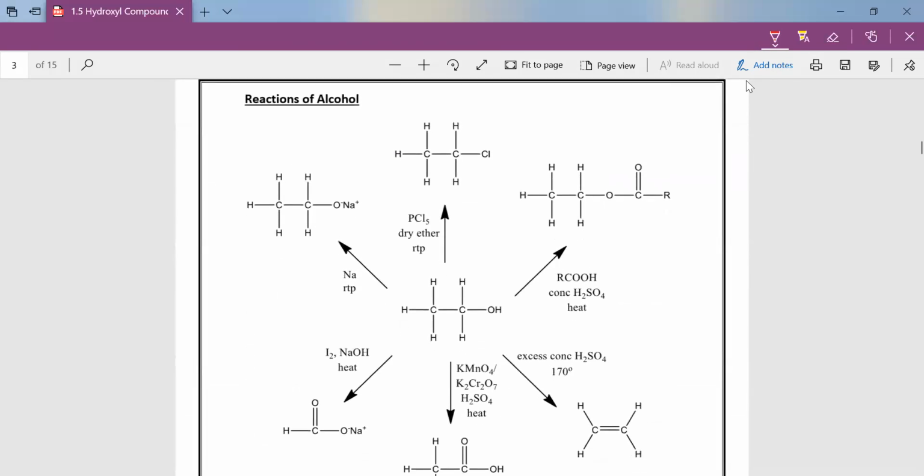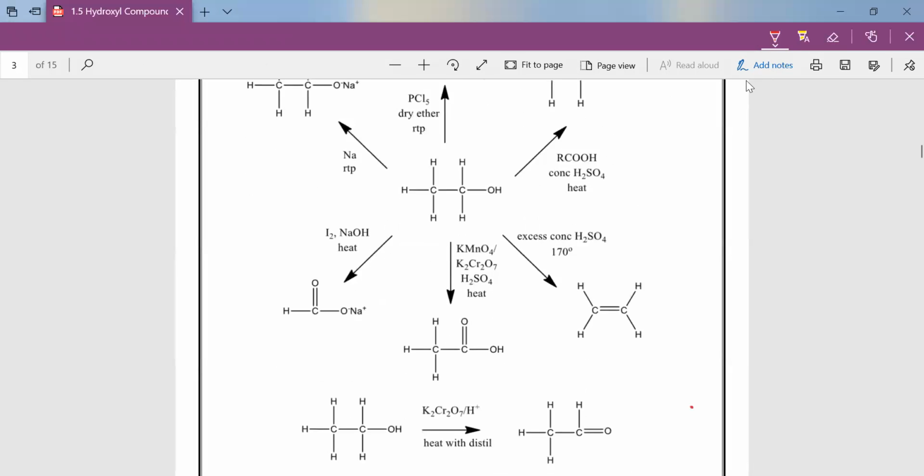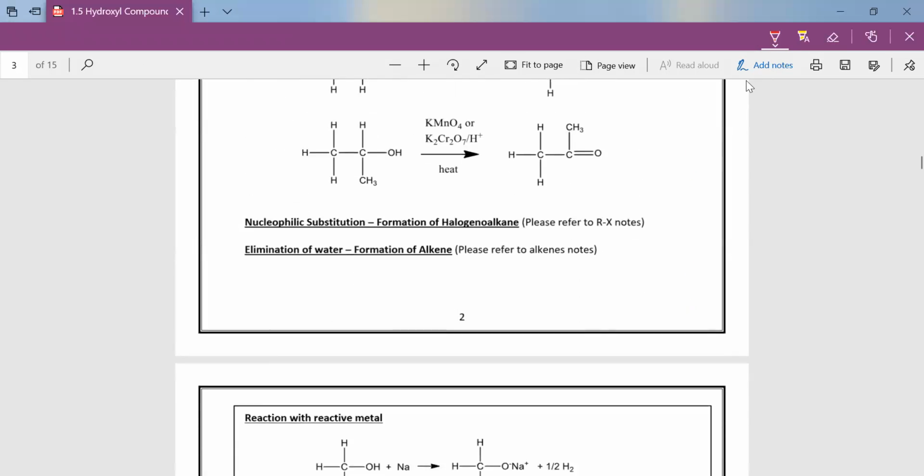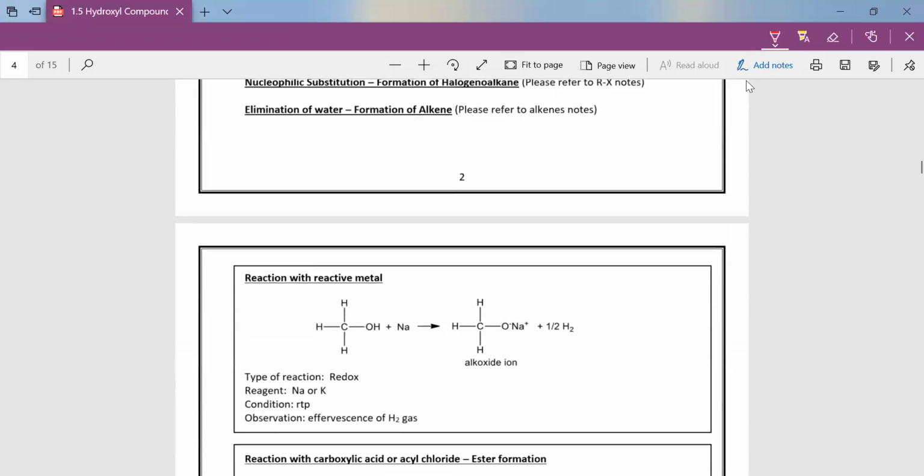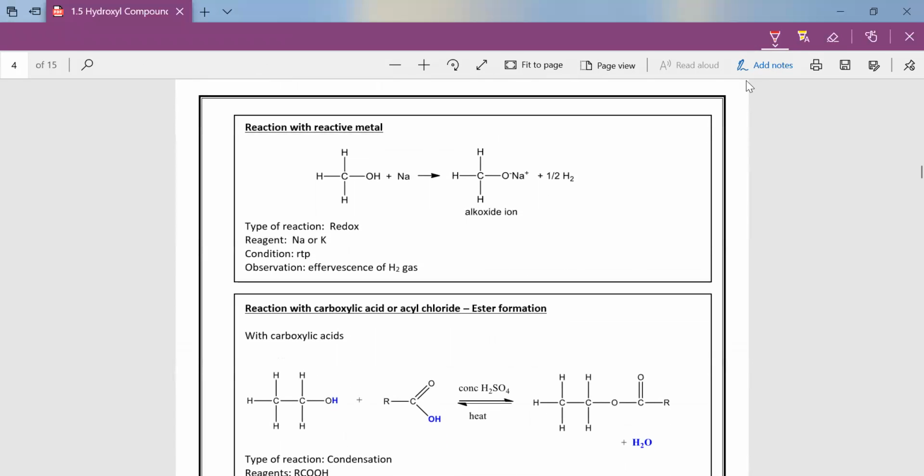Here we have all our reactions, and we will be looking at them in detail. The first reaction is the reaction with sodium metal. You recall alcohols, even though they're neutral, actually have an acidic H, meaning the OH bond can be broken by things like Na and potassium.